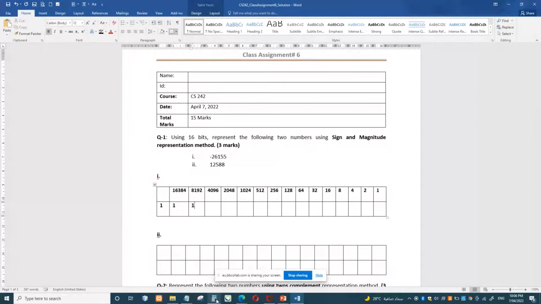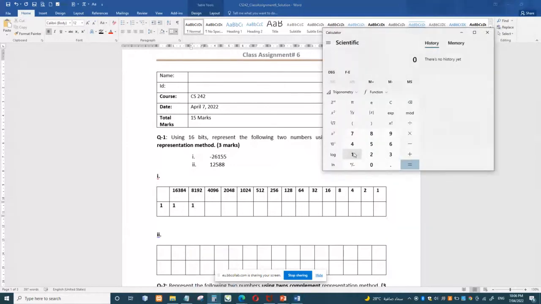But how much have we got so far? 16,384 plus 8,192 is 24,576.